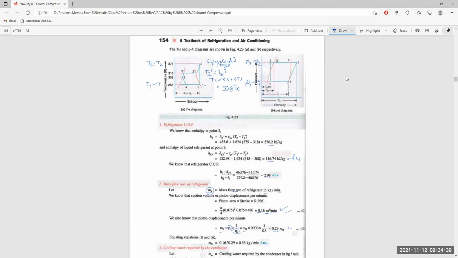Next, we plot down the mass flow of refrigerant multiplied by the volume, divided by the volumetric efficiency, and equate them to each other. So you get MR equal to 0.16 by 0.29 itself.